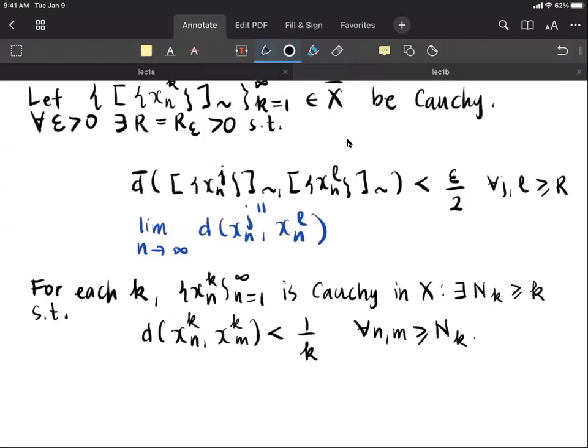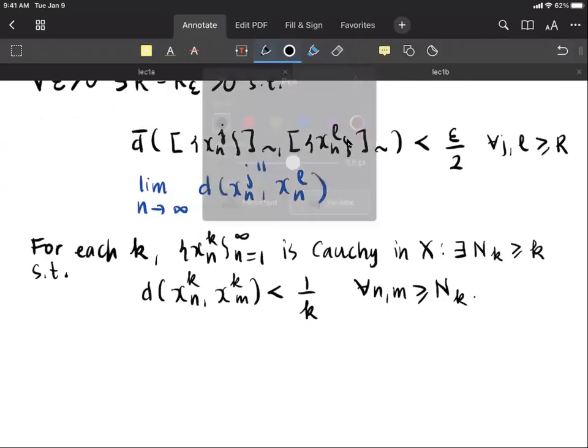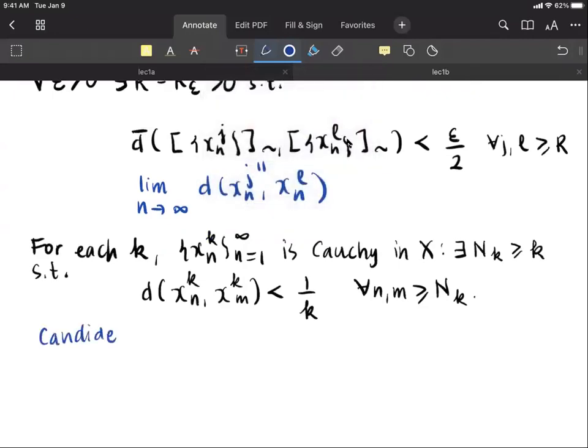Now, based on this, we can now construct the candidate limit. And that would be the sequence y^k, which has the following components. So we just take the smallest possible integer in such a way that the above inequality, or the previous inequality, is valid.